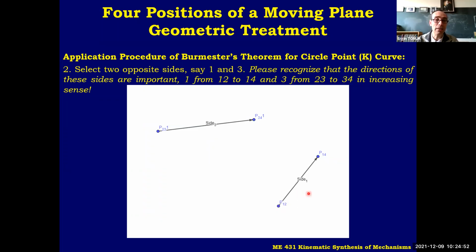However, here there is something important. You have to select those sides as directed line segments. The direction is fully arbitrary. Actually, I just said in the increasing sense, but this is just my preference, okay?